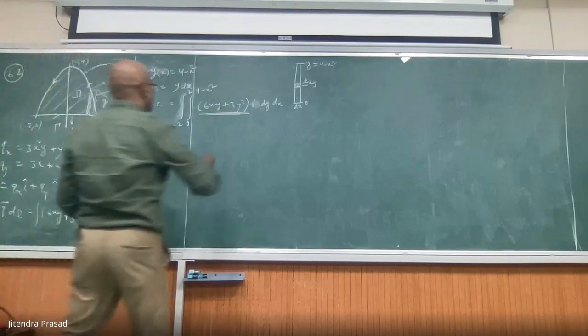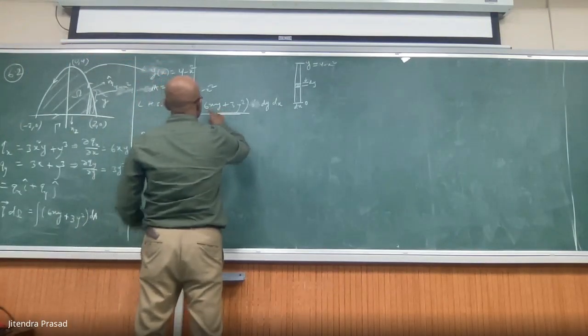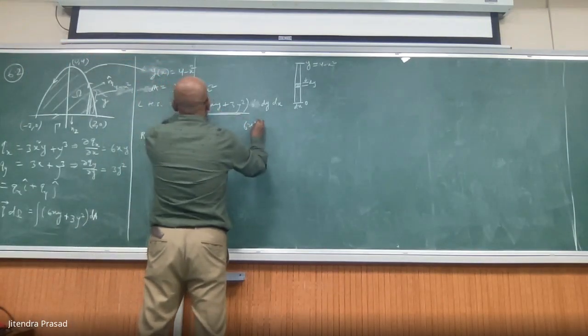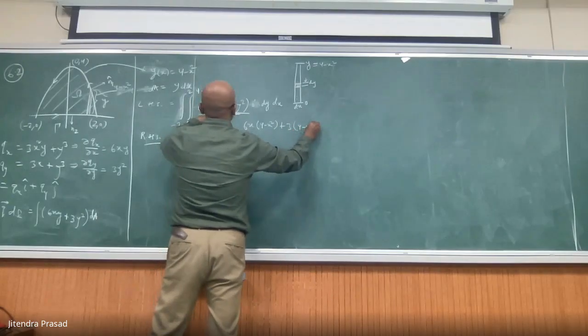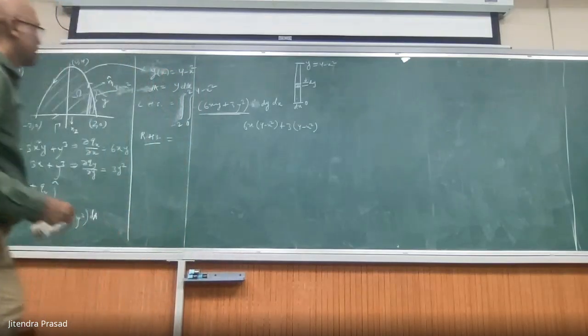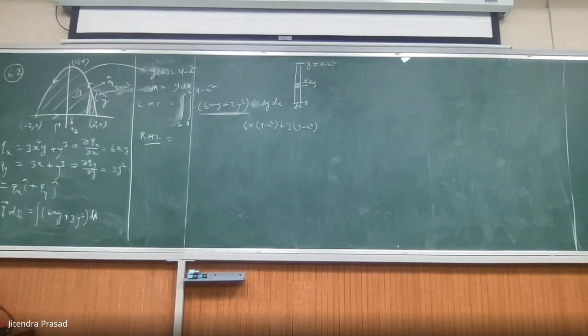Okay, so you are saying that you can put 6x and you take y equal to 4 minus x square. Yes, sir. And then I think we'll have to do y dx only, that you were doing.